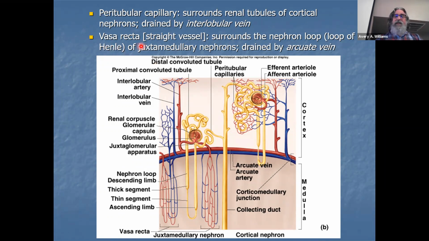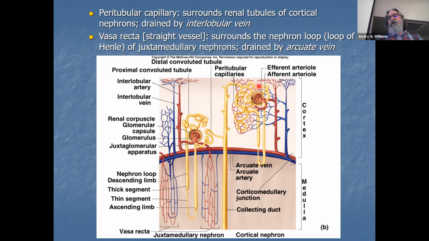Henle is somebody's name. These are in the juxtamedullary nephrons, these way down here. They're next to the base of the pyramid, called juxtamedullary, which means literally next to the medulla. And they drain by the arcuate veins. So these vasa recta, you can see, tap directly into the arcuate vein.